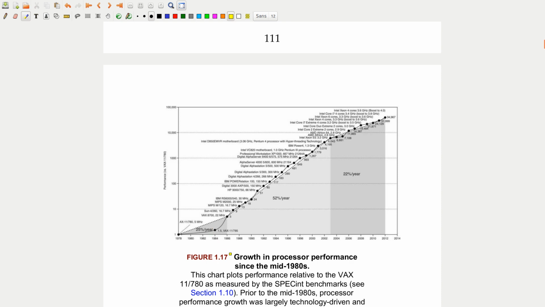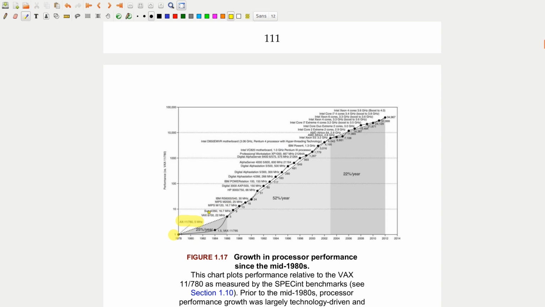Here we have our performance increases. The earliest time we're talking about is 1978, where we have the VAX-11/780 at 5 megahertz, and that's our baseline normalized to 1.